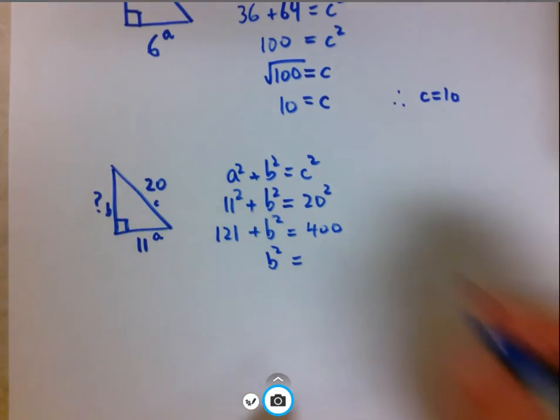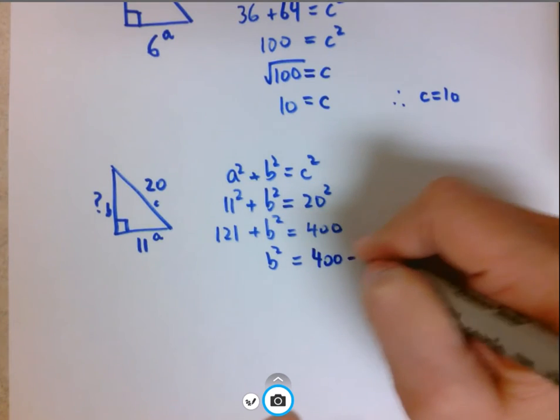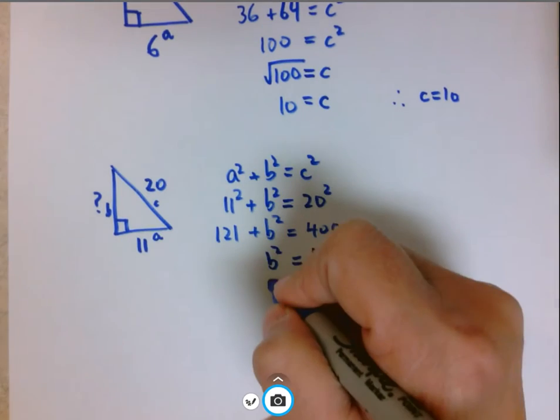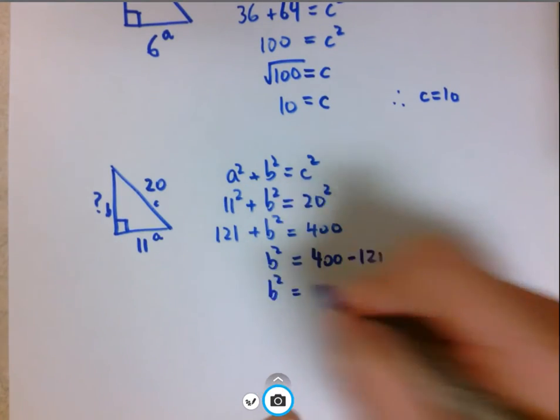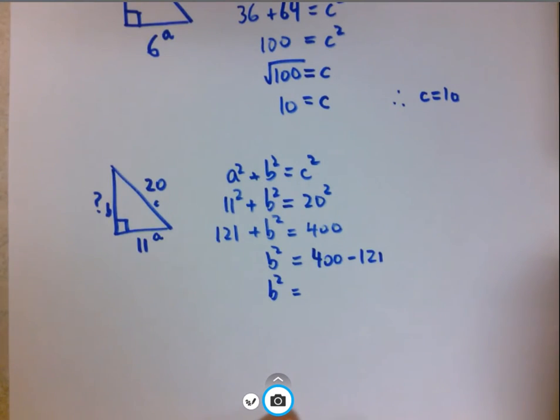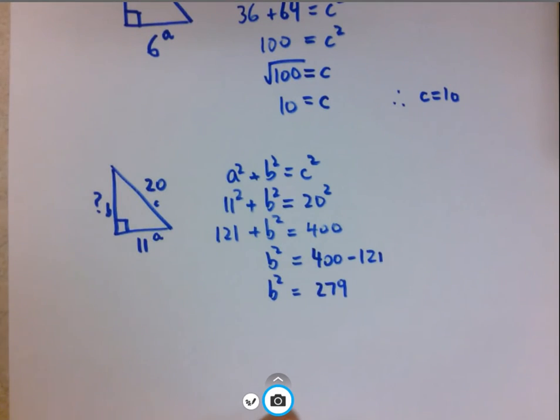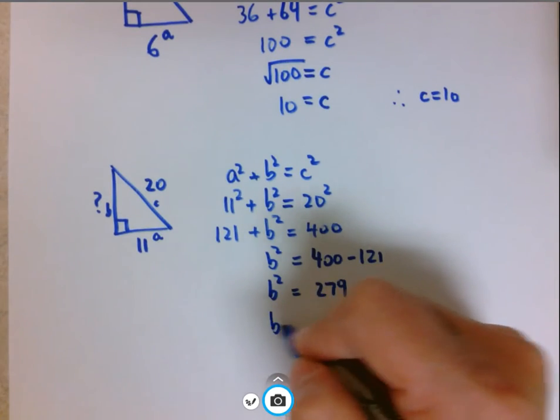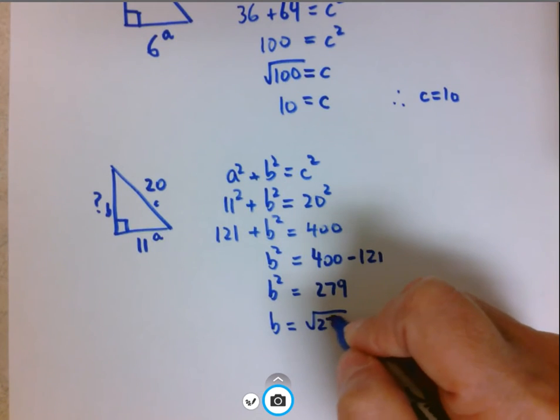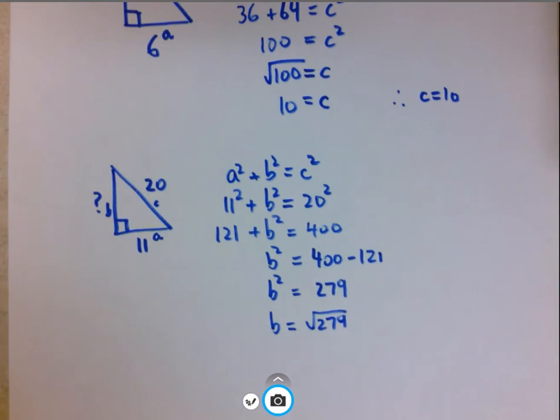So we'll subtract 121 from both sides. And now B squared is equal to, you can use your calculator or use your head, 279. Okay, and then B is equal to the square root of 279.